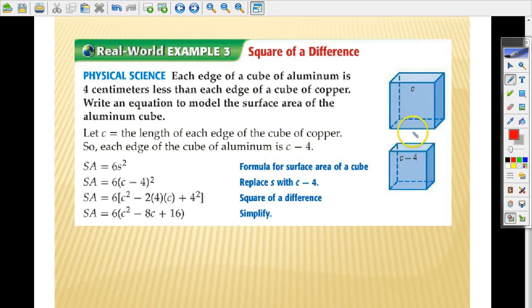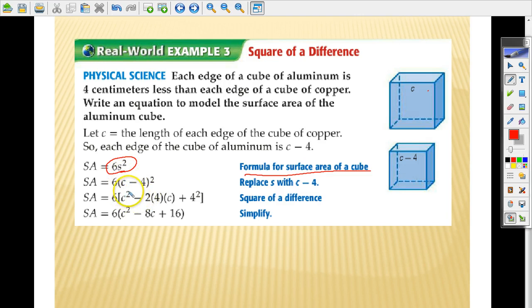Alright, so we're going to try to find out the difference of these two surface areas. So here you need the formula for a surface area of a cube, that's 6s squared. Surface area means you have each area is c squared, and then you have top, bottom, front, back, left, right. There's 6 sides to it, so 6 times each side s squared.